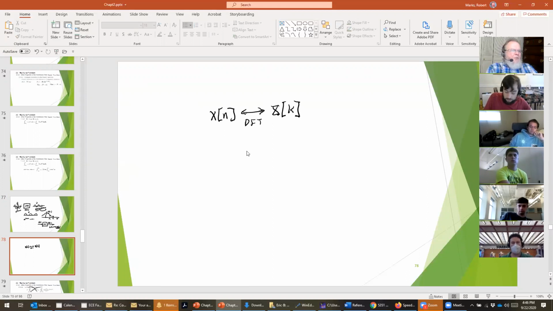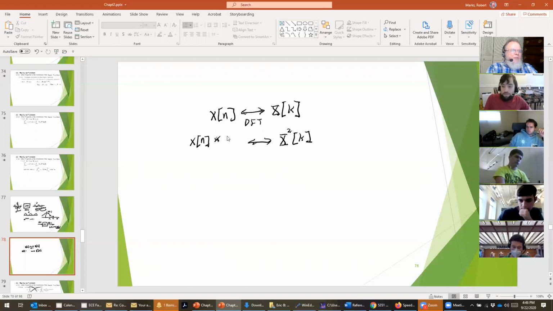What I wanted you to do is square this X of k. And what we know is that this inverse Fourier transforms to the convolution of x with itself, right?